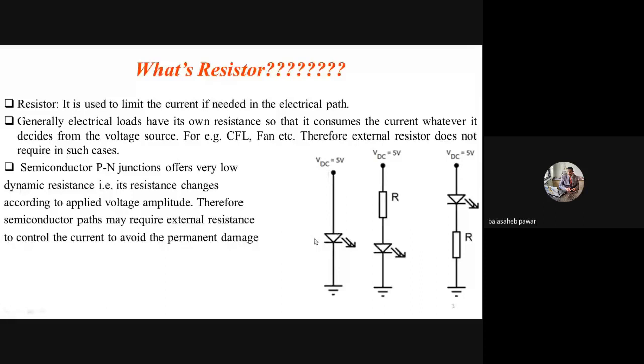Whenever we study the details of the PN junction as a prerequisite, over there also I will clear what is meant by the dynamic resistance offered by a PN junction. It is very, very small. Remember, at this stage, just consider that whenever that LED gets turned on, or whenever current flows through any PN junction, that PN junction offers a very small resistance.